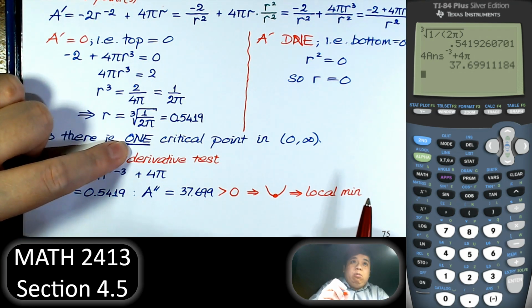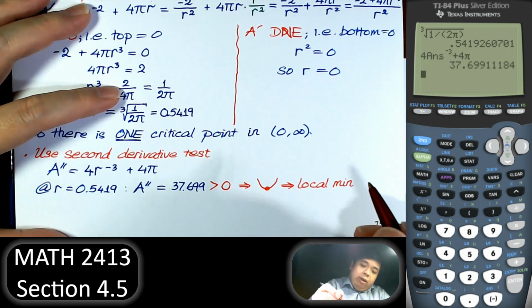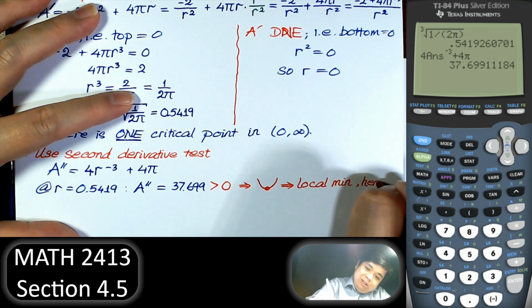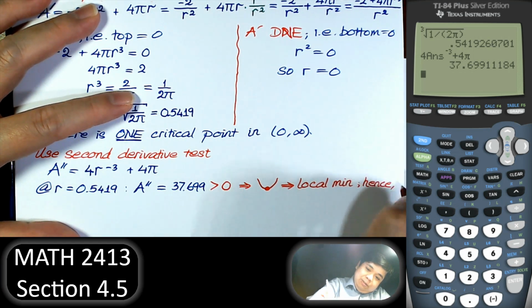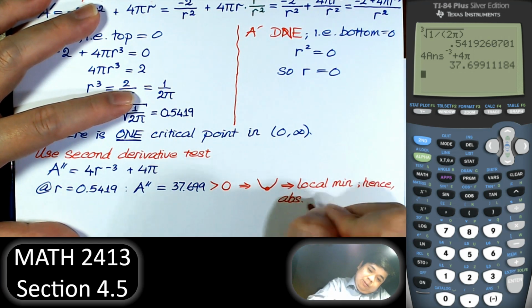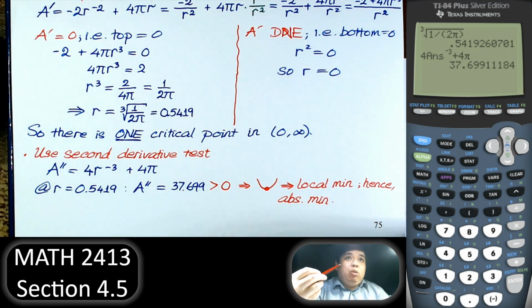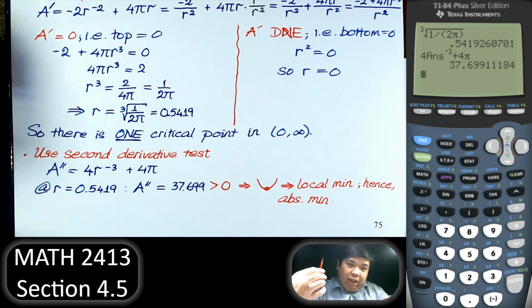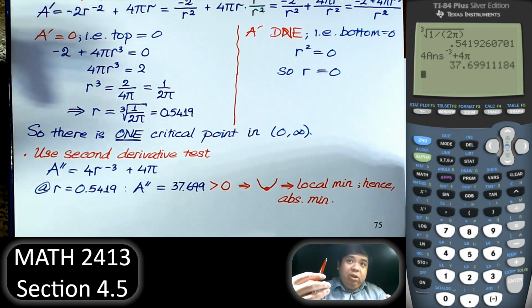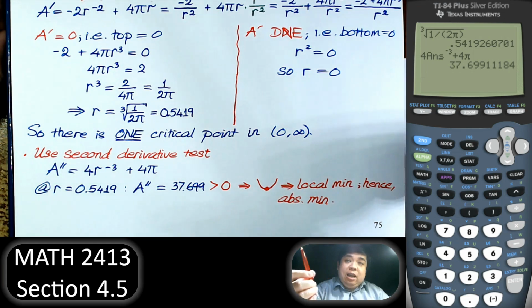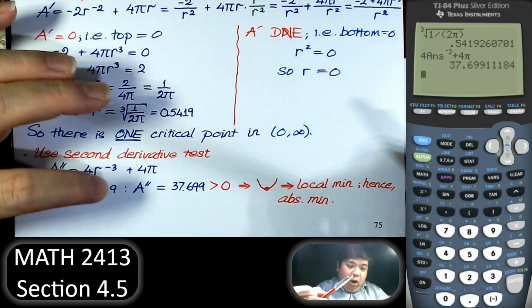Because it's the only critical point, it is also the absolute minimum. So we find that if we want to build the can with the minimized area, then we're going to have r equal to that.